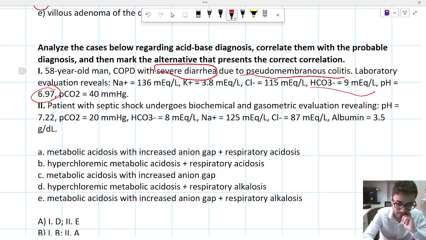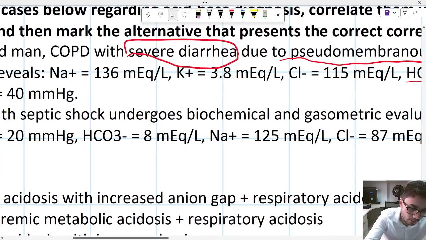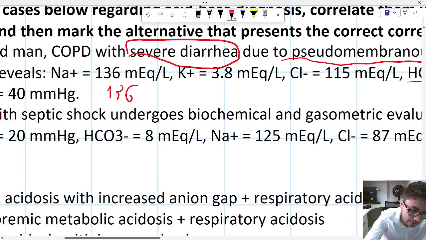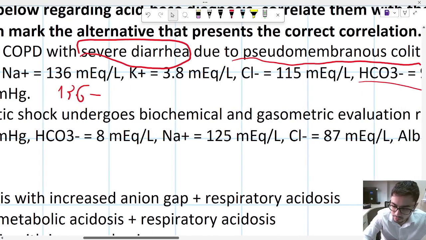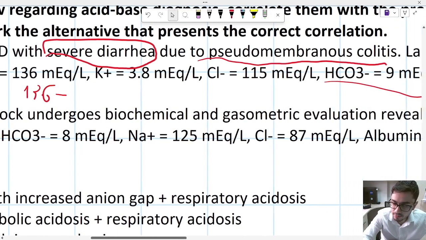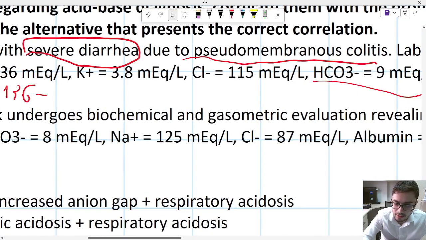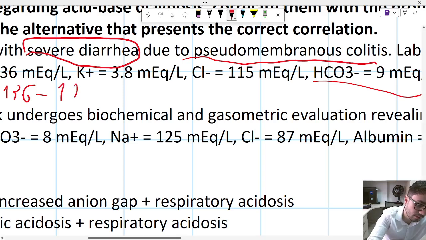So, is it a metabolic acidosis with an increased anion gap? Let's calculate the anion gap here real quickly. So it will be 136 minus chloride, it's 115, and bicarb 9. So this value here will be 124.